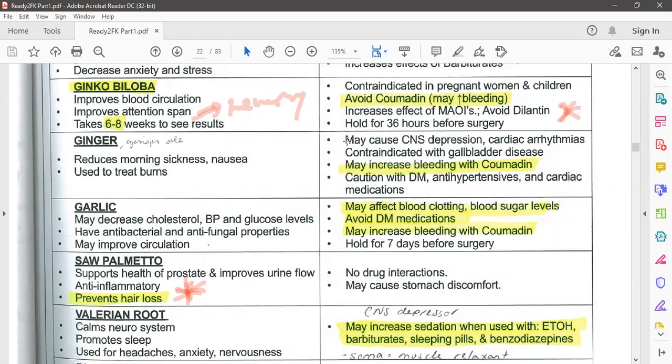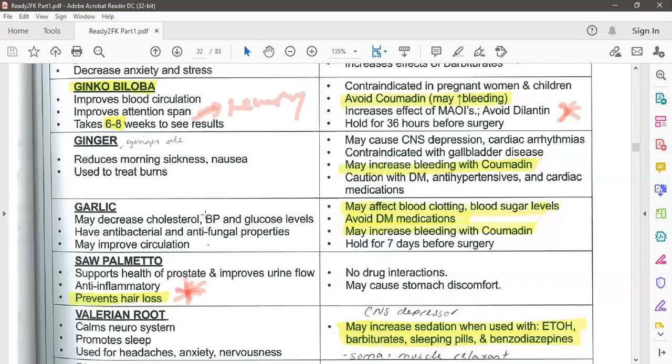So here is important, they may cause central nervous system depression, cardiac arrhythmia, contraindication with gallbladder disease, may increase the bleeding with coumadin. So I said, if any herbal medication starts with the letter G, they always interact with blood thinner. Like coumadin is a blood thinner, right?